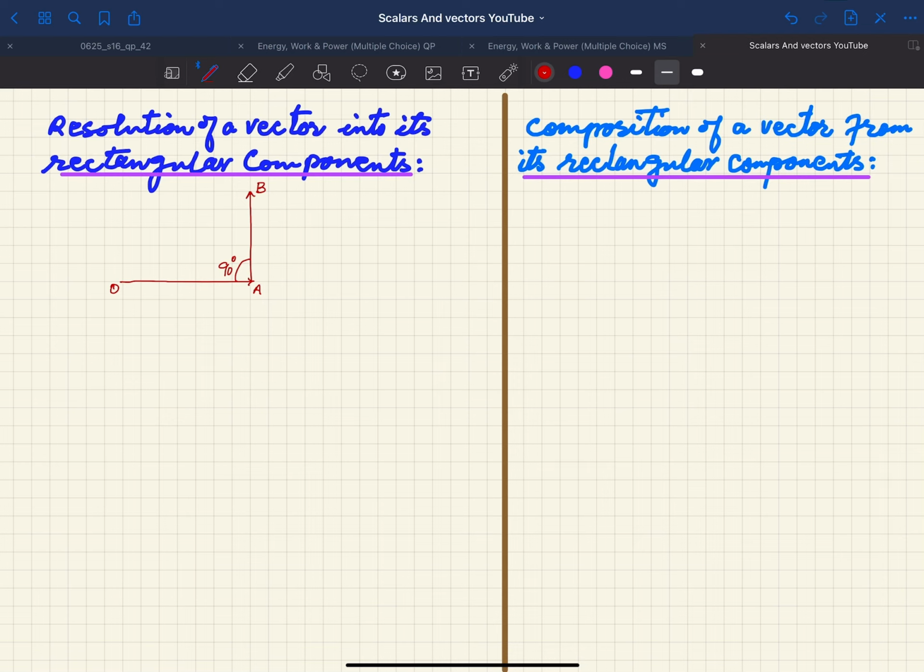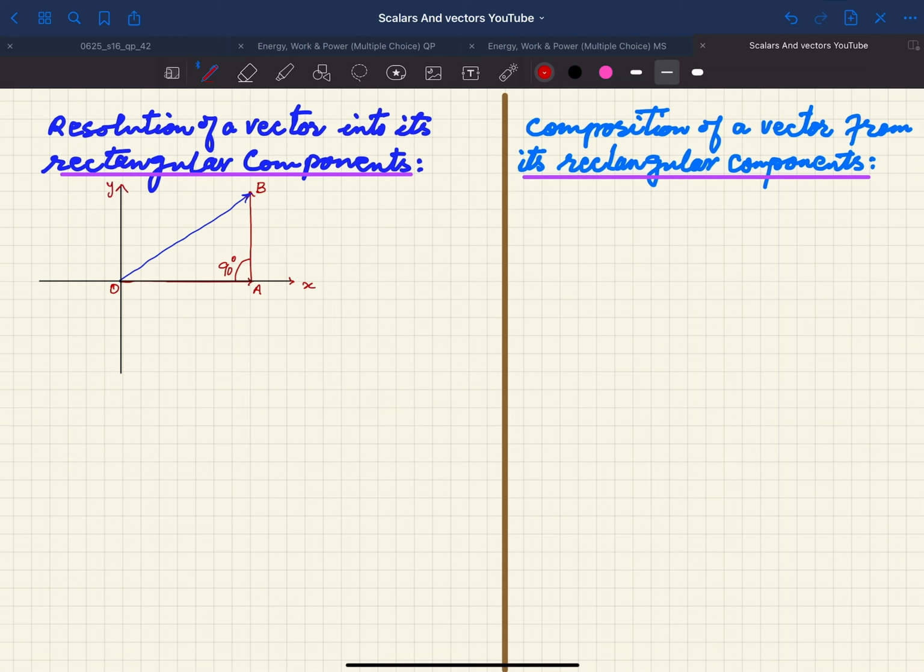But if, on the other hand, which is the actual case for us for the time being, we have a vector here, which is vector OB, what we can do is draw the line of the x-axis and y-axis. Of course, your horizontal line is the x-axis, and here you have the y-axis.